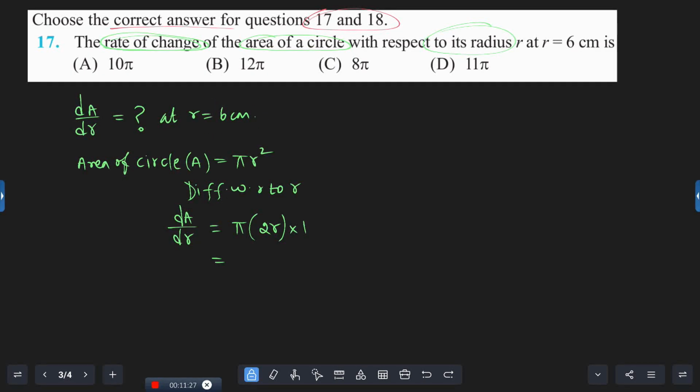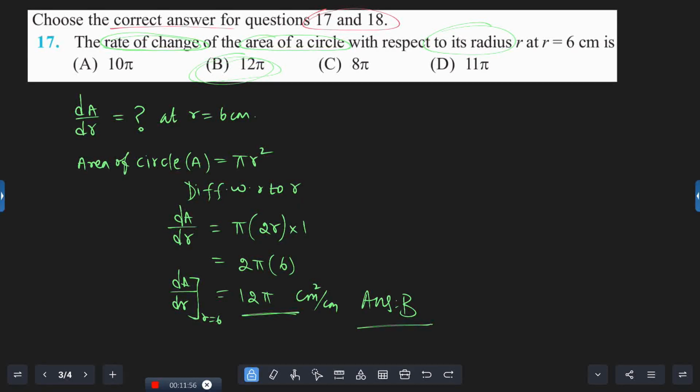Substitute it: 2 pi into 6, which is 12 pi. So dA by dr at r equal to 6 is 12 pi, in centimeter square per centimeter. 12 pi is option B, our required answer.